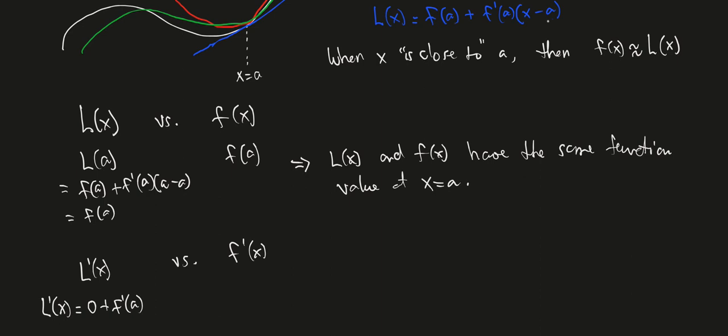When I differentiate the a, I'll get a 0, so I have times 1. That means the derivative of our linear approximation is f prime of a. That kind of makes sense because it's a line, and we know that the derivative represents a slope, and the slope of a line is a constant, and that's what we end up with.